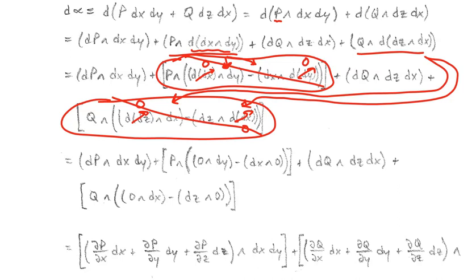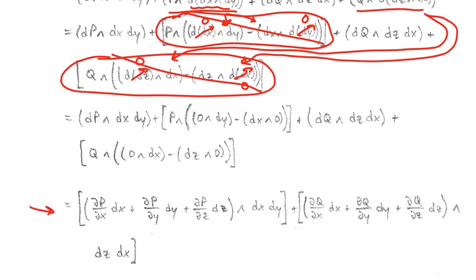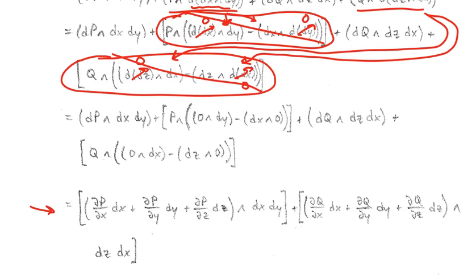We write out the differential of p and q, giving us this line right here. P sub x dx plus p sub y dy plus p sub z dz, and q sub x dx plus q sub y dy plus q sub z dz as well.